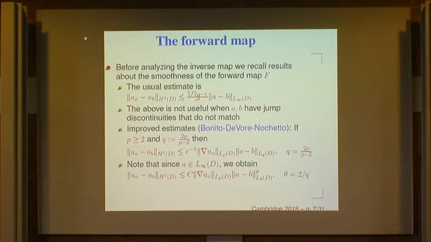The typical result is, yes, they're close. In fact, you have a Lipschitz dependence, what I call Lip1, that you can estimate the H1 deviation between UA and UB in terms of the deviation between A and B in L infinity.